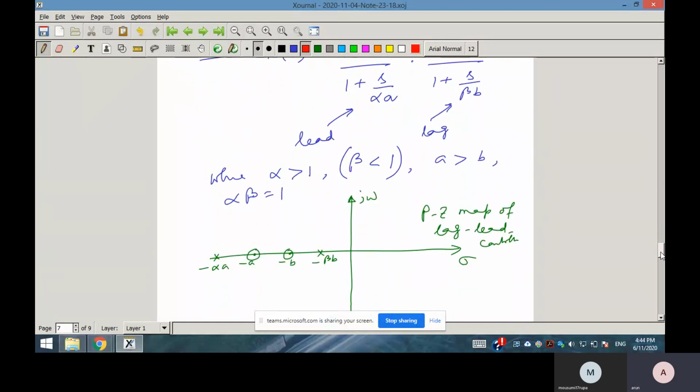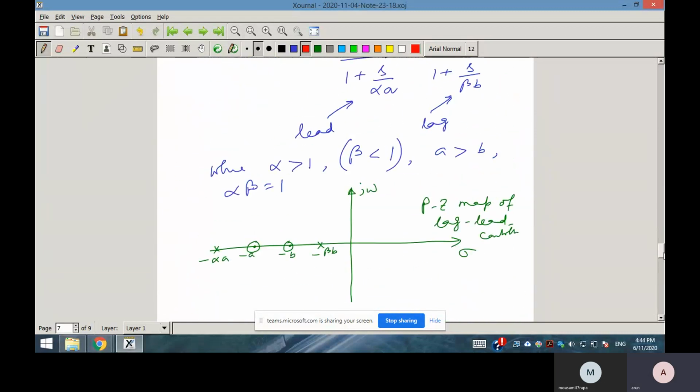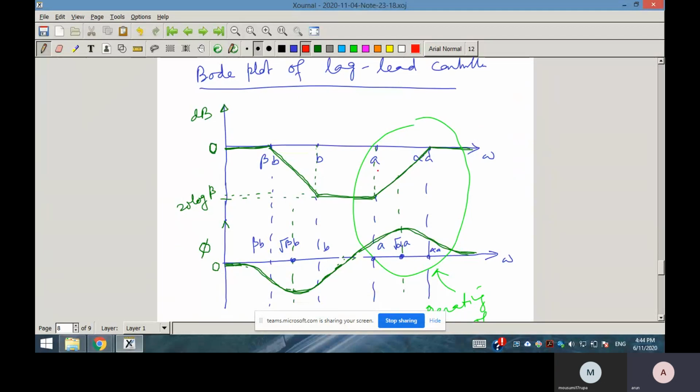You can see that alpha beta equal to 1 and A is greater than B. As alpha beta equal to 1, the magnitude here is 20 log beta, and here also 0 dB. Here the magnitude is 20 log of alpha by beta.